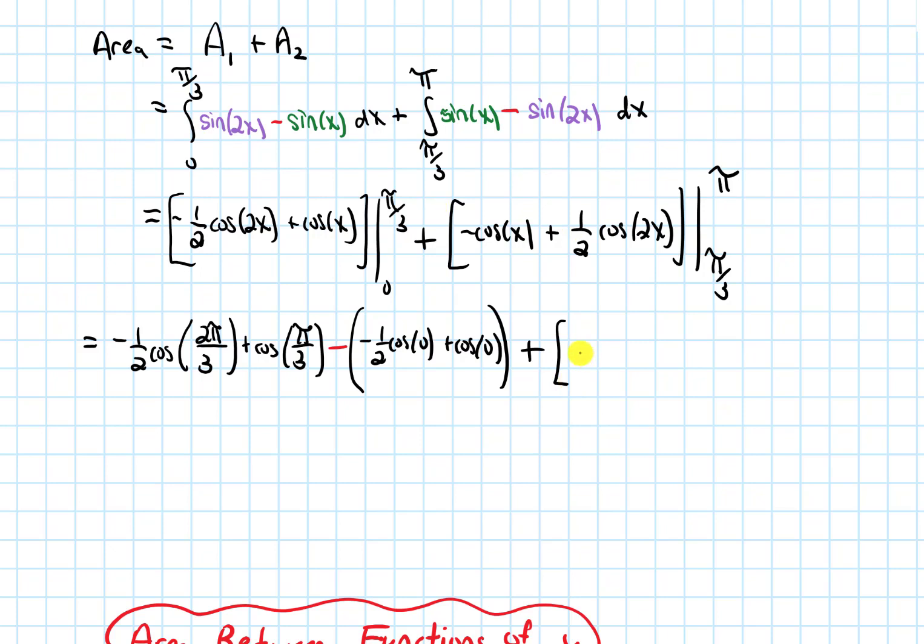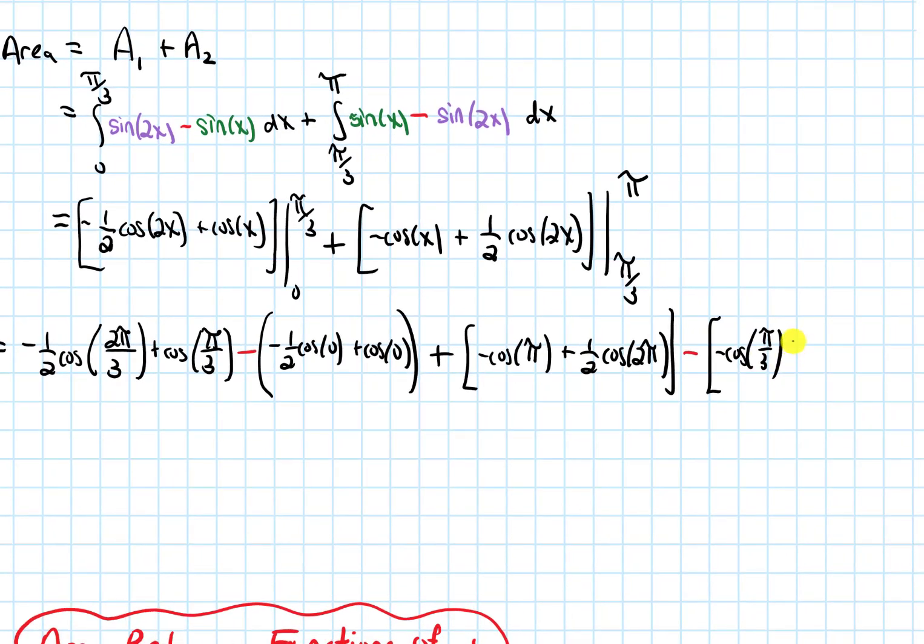So I'll get negative cosine of pi plus 1/2 cosine of 2 pi. Close that. And then I've got to do minus what I get when I plug in pi over 3. So that'll give me negative cosine of pi over 3, and then plus 1/2 cosine of 2 pi over 3.